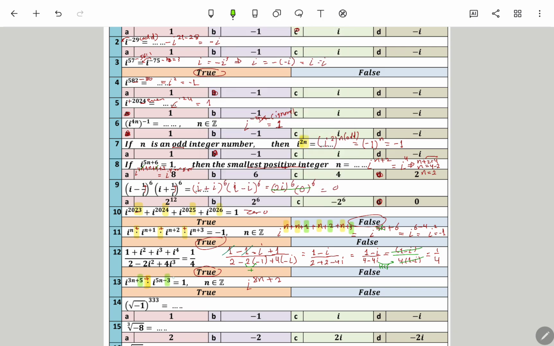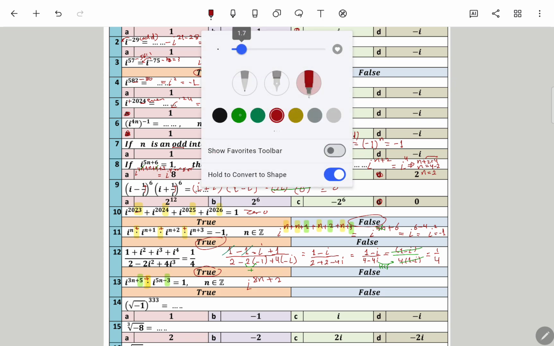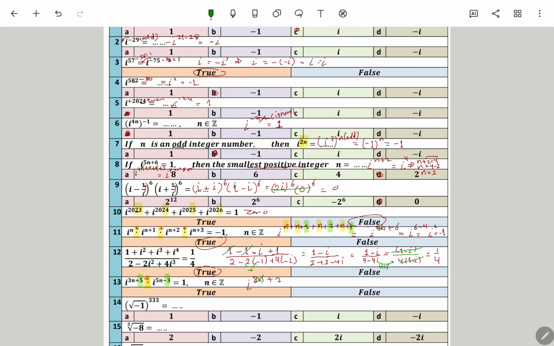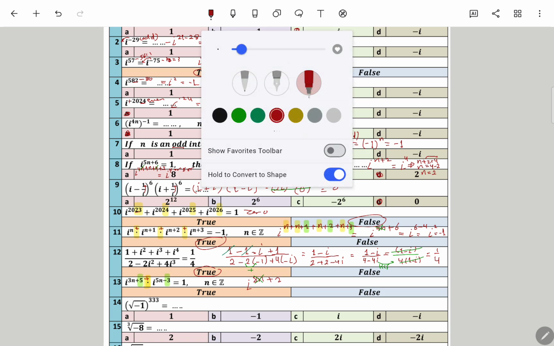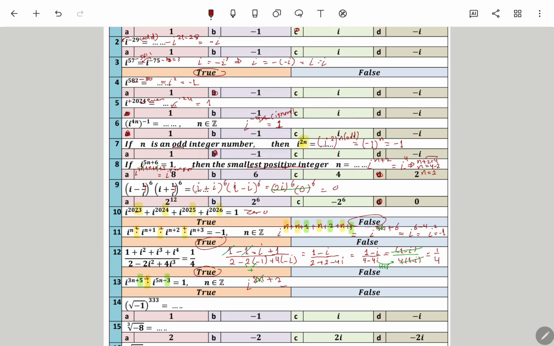Positive and negative, take the positive side because it is bigger, and subtract. Then you can cancel this 8n because it is a multiple of 4, which can give you 1. And try to focus on i to the power of 2. And that will give you -1 finally, which is false.